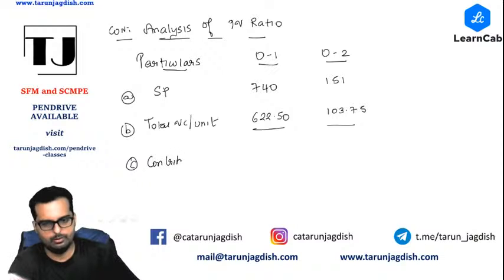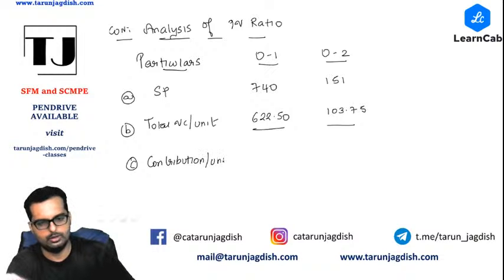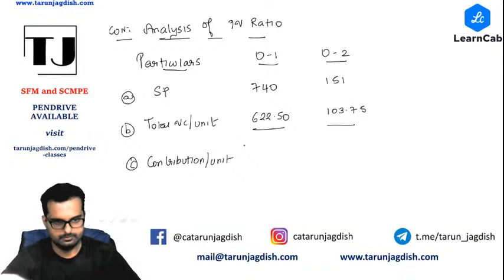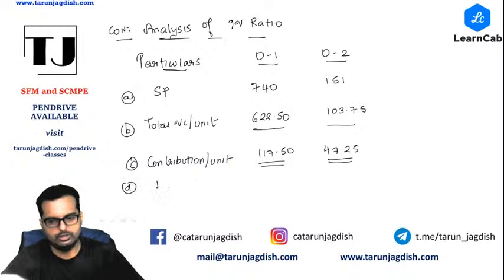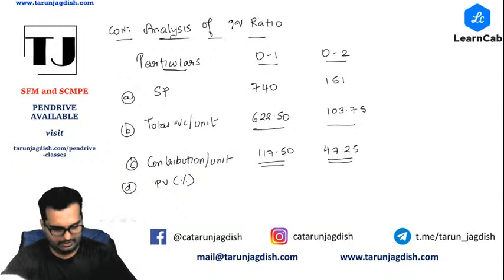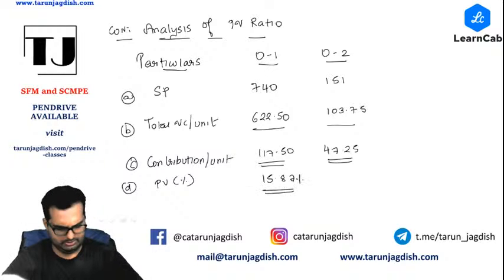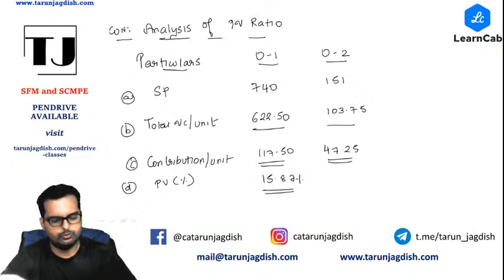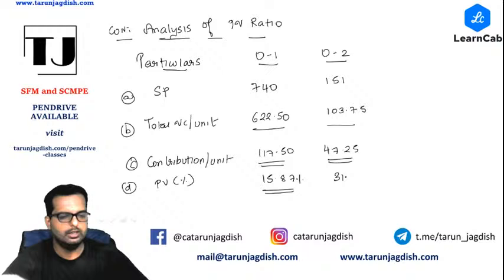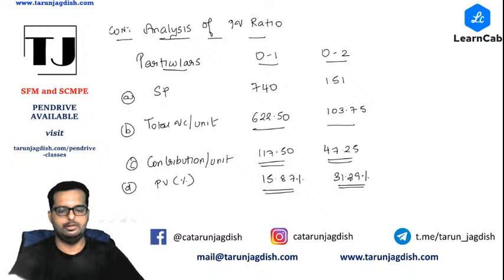From this, what is the contribution per unit that you get over here? 117.5 and 47.25. So what is the PV ratio that you get over here now? PV ratio will be 117.5 divided by 740. That is turning out to be 15.87%. 47.25 divided by 151 would be 31.29 percentage.